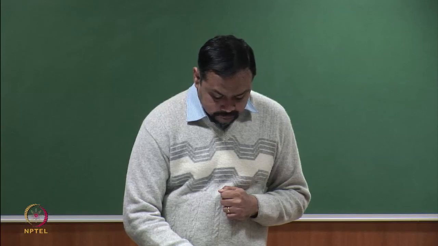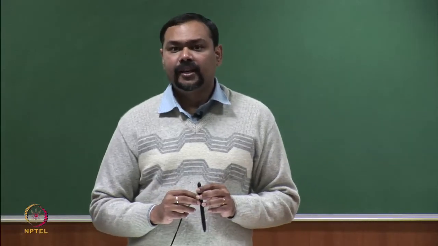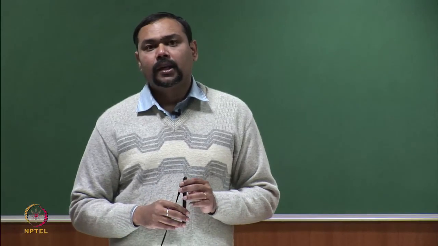To check whether you are correct, see a zoomed version of the waveform, and you will see that the starting and ending vectors are equal in duration, okay. So, this is how space vector PWM for NPC is done.